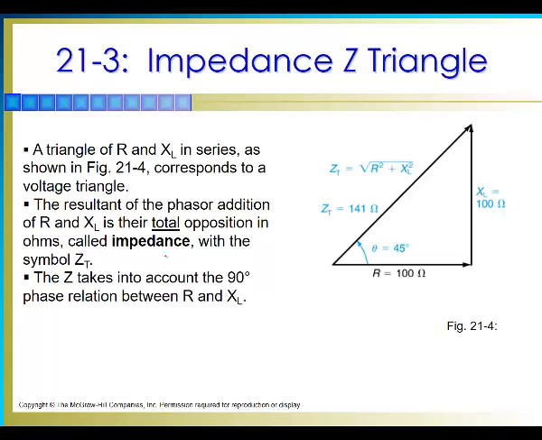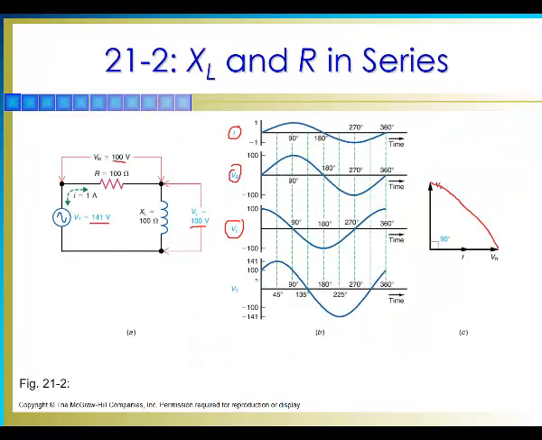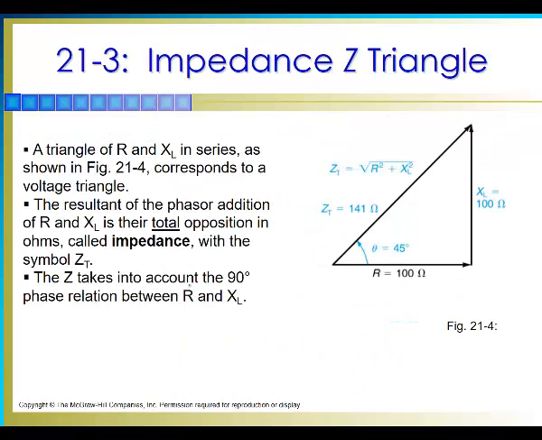Same for the impedance. When we have impedance in a circuit like this one, for example, we have a resistance and we have a reactance. So remember that resistance and reactance are 90 degrees out of phase. Okay, so if we wanted to find the total impedance, remember the total impedance means the total opposition to current, and we call it impedance because the opposition to current from the inductor is the reactance, and the opposition to current from the resistor is the resistance.